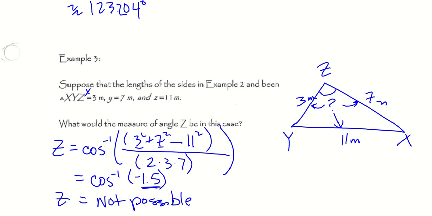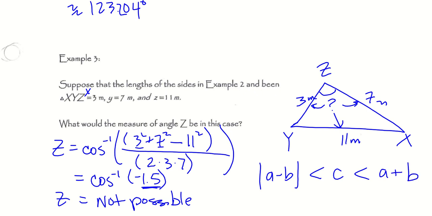Okay, well, let's think back to what you learned in geometry. One of the things you learned is that the third side of a triangle, so I'm going to call that C, always has to be bigger than the absolute value of the difference of any two sides and smaller than the sum of those two sides.